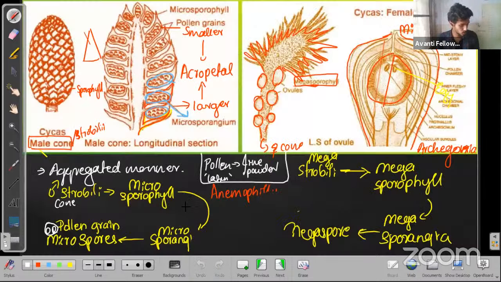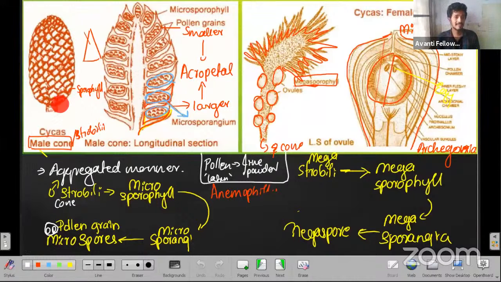So we will glance over it one more time. There are two types of cones: one is the male cone and another is the female cone. The male cone, we call it the male strobilus, and it contains an aggregation of leaf-like structures, which we call microsporophylls.